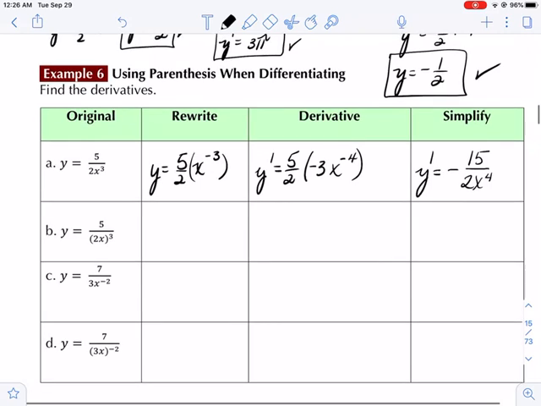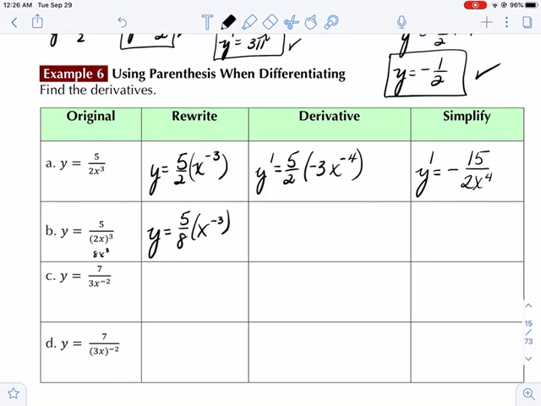Now, which is different from the next example where the denominator is in parentheses. So you have 5 over 2x, the quantity cubed. So that's going to be an 8x cubed in the denominator. So then we have y is equal to 5 over 8, and it would still be x to the negative 3rd power.